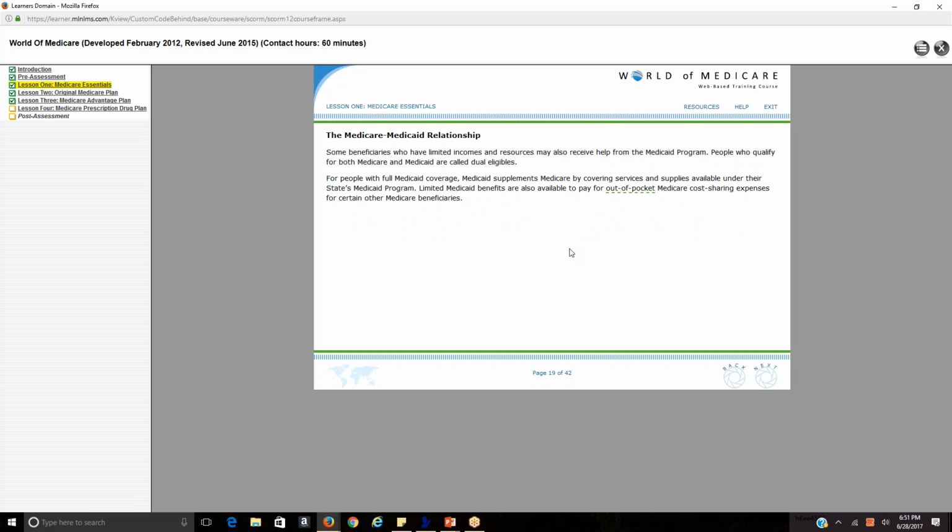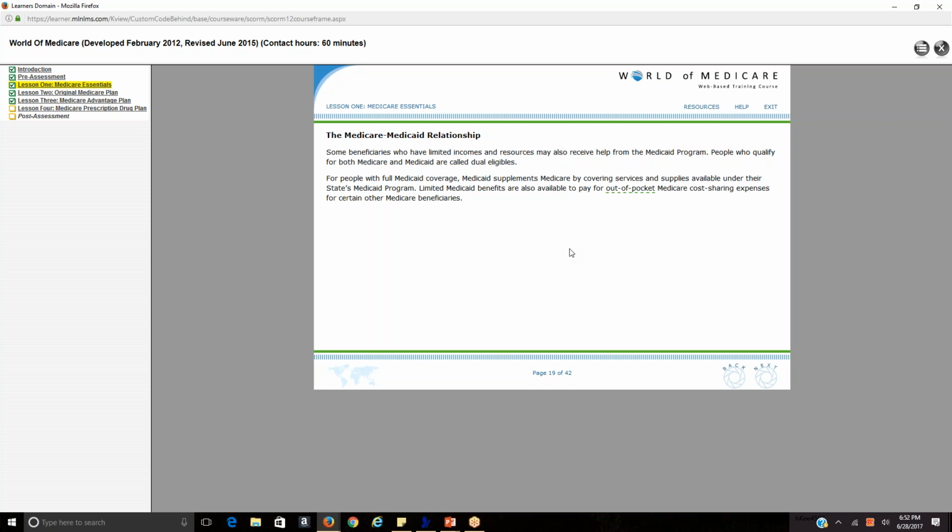Now, there are some beneficiaries who have limited incomes and resources who may be eligible for Medicaid as well as Medicare, and these people who have both Medicare and Medicaid are called dual eligibles. So for people with full Medicaid coverage, Medicaid supplements Medicare by covering services and supplies available under their state's Medicaid program.